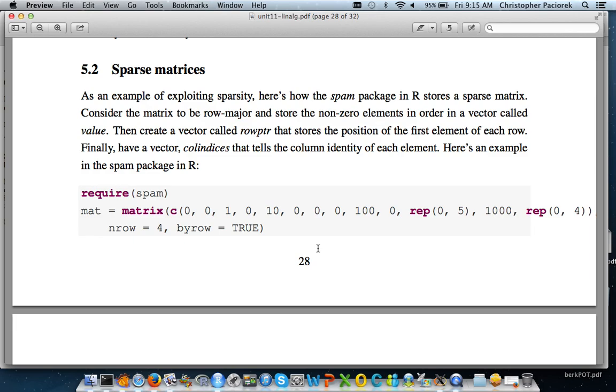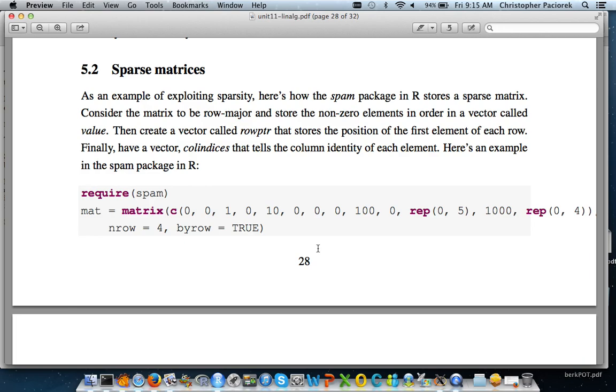And then what's often called the row pointer vector would basically be: the first entry that's in the first row is this first element, so that's going to be a 1. And then the first entry that's in the second row is actually the third non-zero element, so that's going to be a 3. And then this is a little bit trickier because there are no non-zeros in the third row, and so I think the general way this gets done is this would be a 4, even though the fourth entry doesn't appear until here.